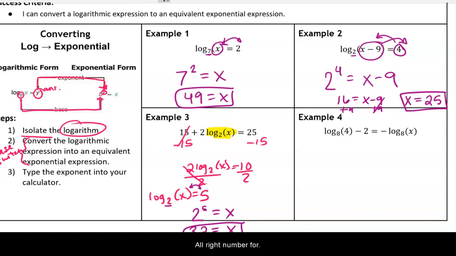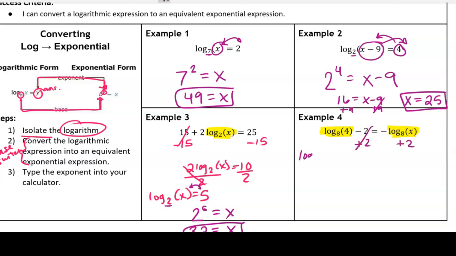All right. Number 4. We do have some work to do before we can isolate that log. We need to get both of these logs together. So first things first, I would move the 2 to the other side. Yeah, this is what I'm going to do. I'm going to add the 2 to the other side.